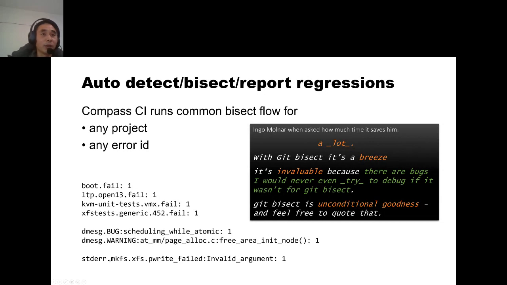And then there is STDERR. If your test script produces some error message in STDERR, it will also be converted to an error message. So the framework will try to catch all kinds of LIDs and make them available for bisect.